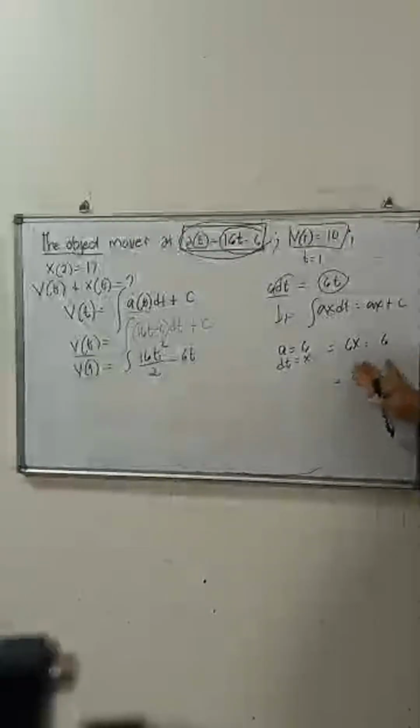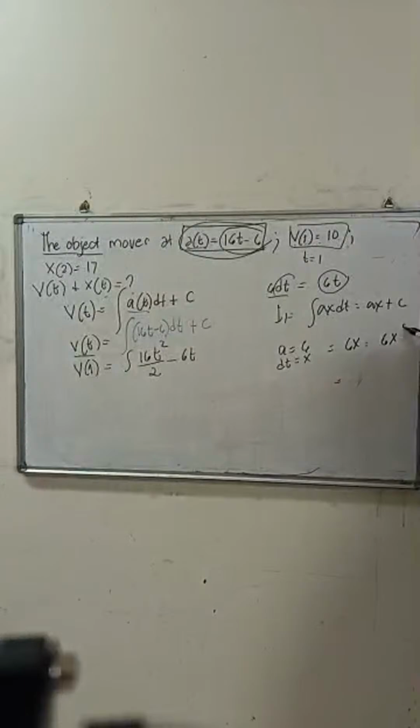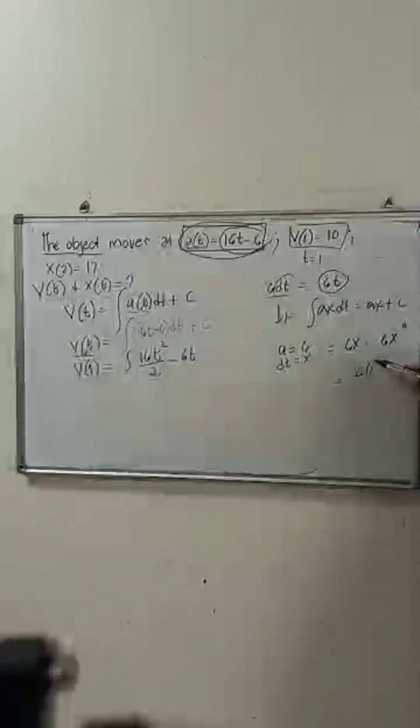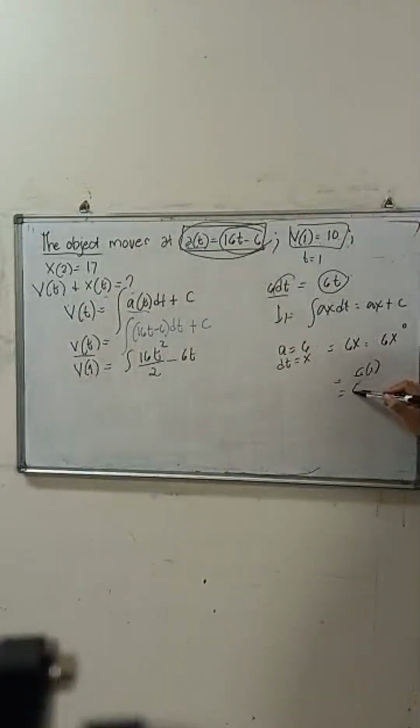Because this would mean x raised to the power 0, and then this will become 6 times 1. So this is 6.